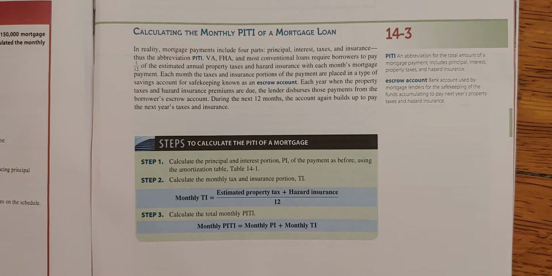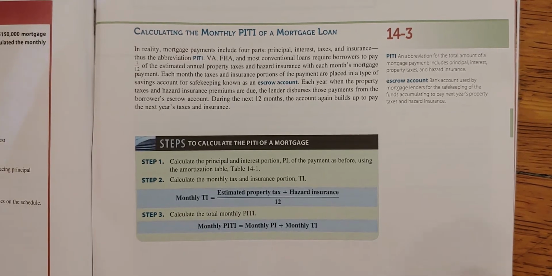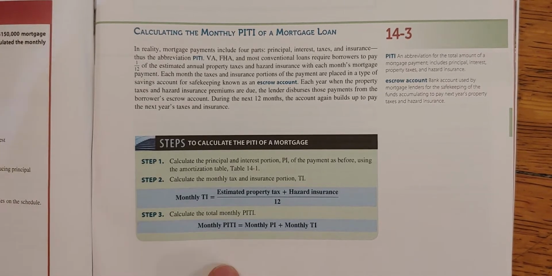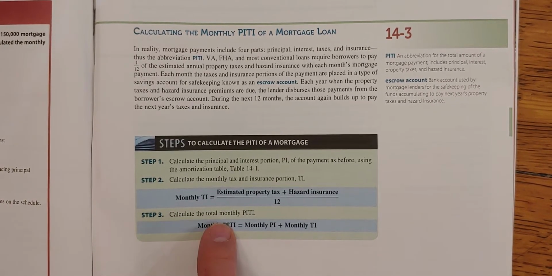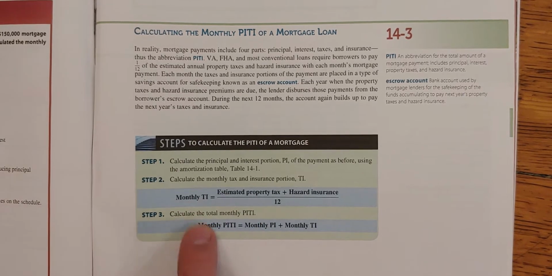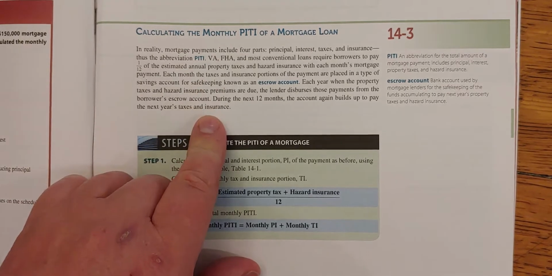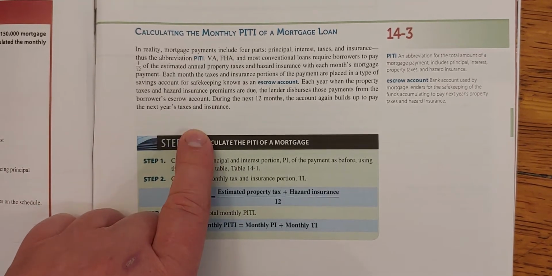And they would collect it ahead of time to pay for next year's payment. So originally when you buy the house, they will charge you all of that up front. Here's the taxes that are due, here's the insurance that is due. And you'll pay that all up front, and that again is to protect the lender.